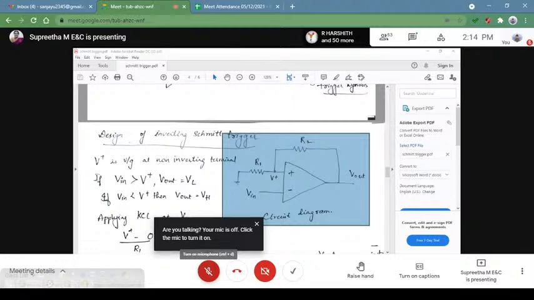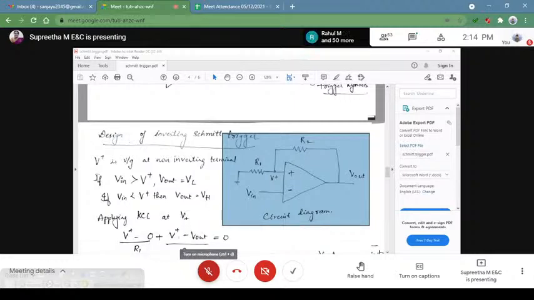Now let us see. So this is my inverting Schmitt circuit. What happens when Vn is greater than V plus? What happens to the output voltage?